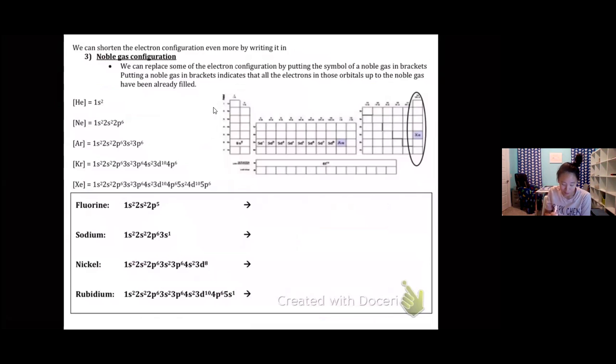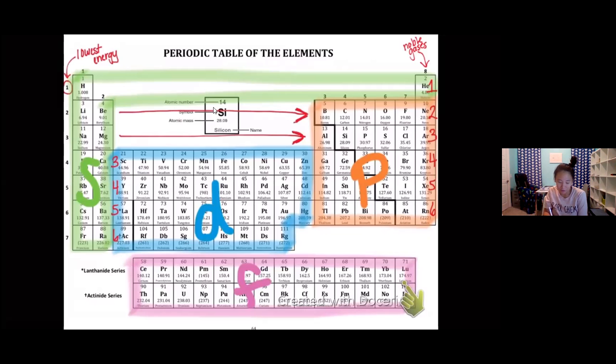For example, how would you write noble gas configuration? You look at the first one and it says fluorine, right? So you look on the periodic table and find fluorine. And fluorine is here, right? It's element number 9, okay? So what you want to do is find the noble gas that comes before fluorine.